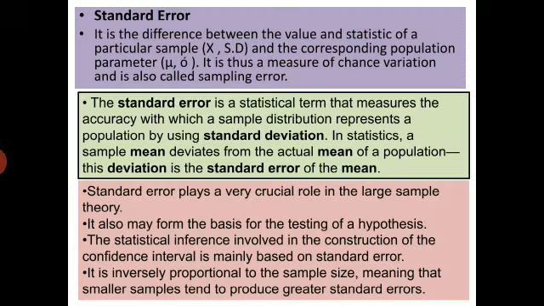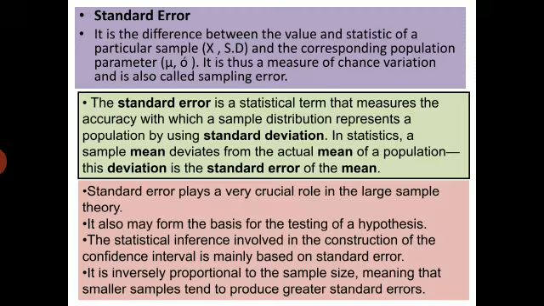Standard error is a statistical term that measures the accuracy with which a sample distribution represents a population by using standard deviation. In statistics, a sample mean deviates from the actual mean of the population. This deviation is the standard error of the mean. Standard error plays a very crucial role in large sample theory.